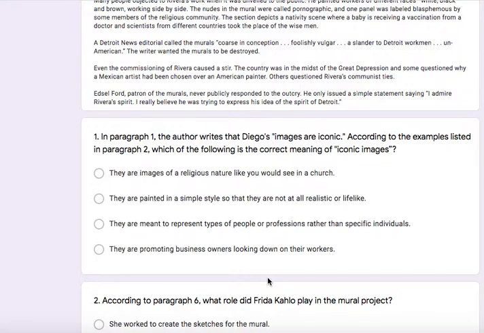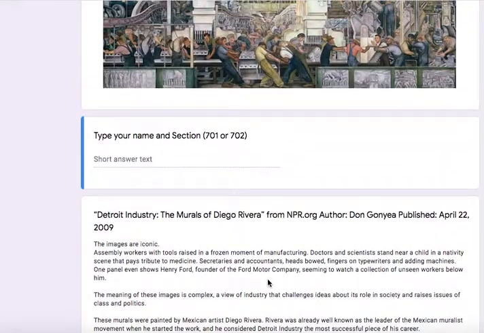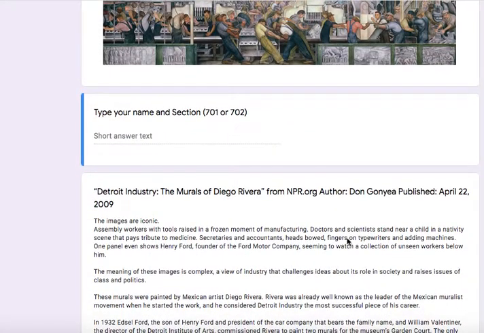D: They are promoting business owners looking down on their workers. So maybe the final sentence, about one panel even showing Henry Ford, founder of Ford Motor Company, seeming to watch a collection of unseen workers below him.